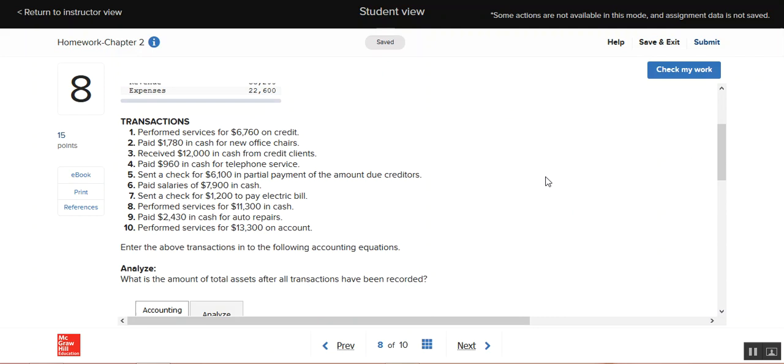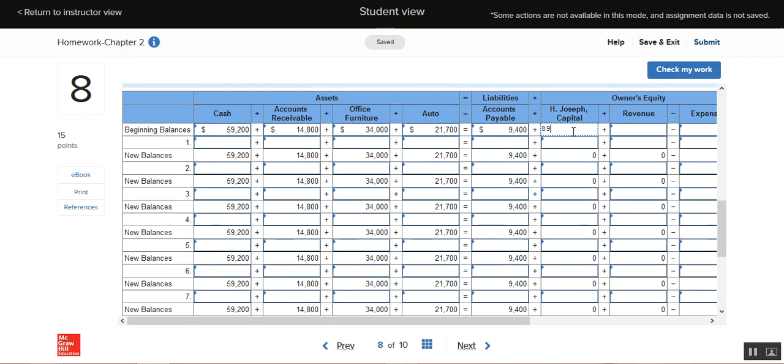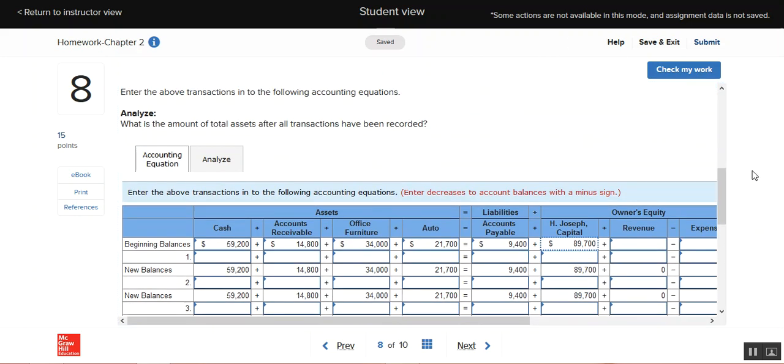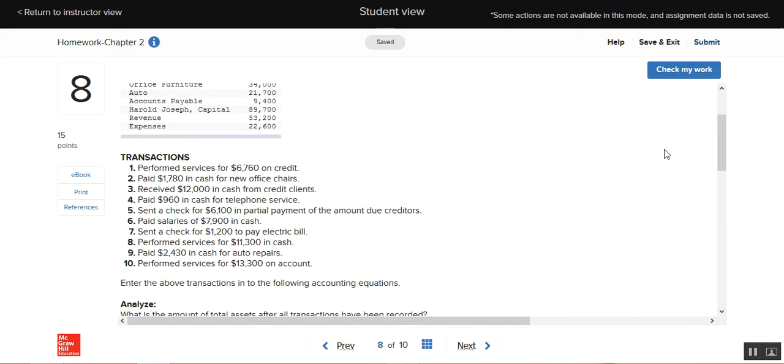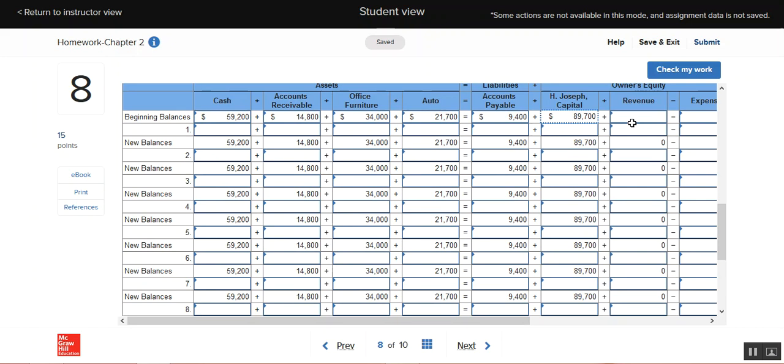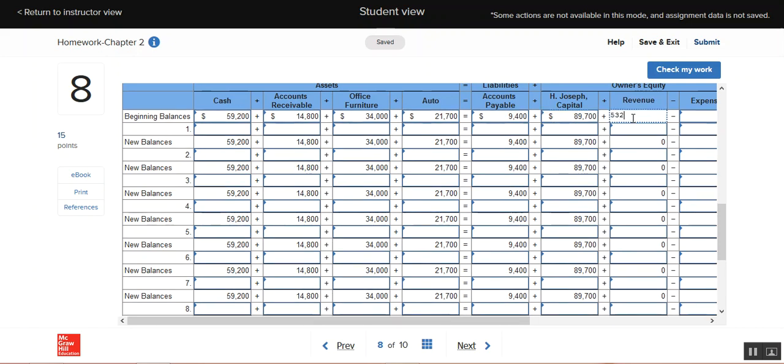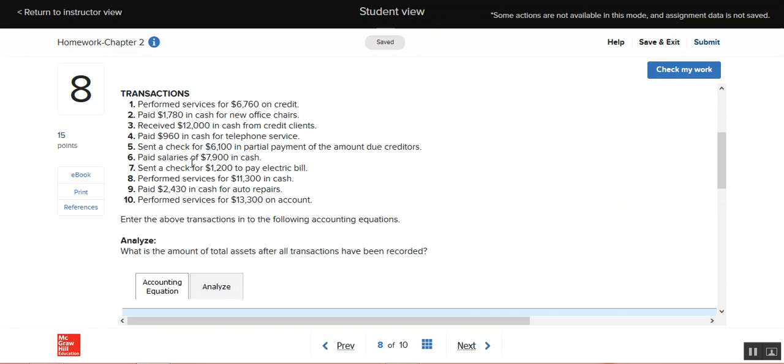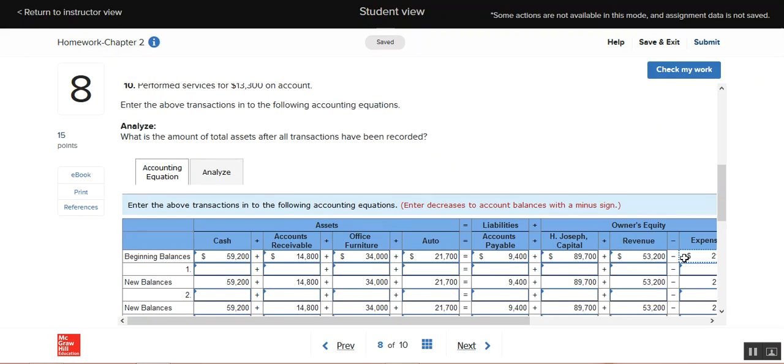Capital, $89,700. $53,200 for revenue. And I think expenses were $21,600. Let me make sure. Nope, $22,600.